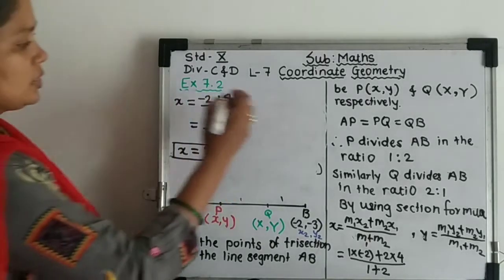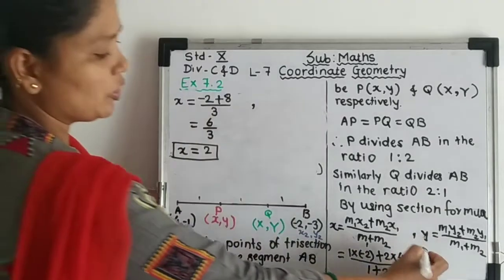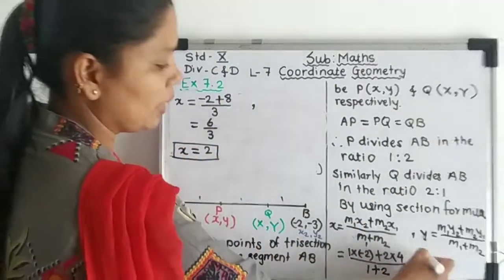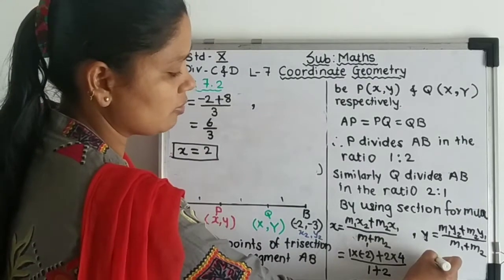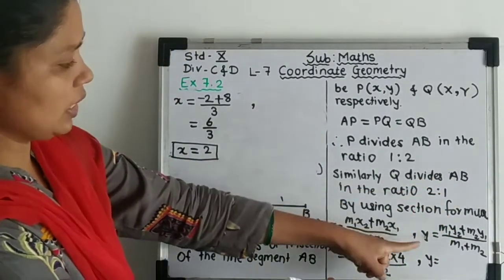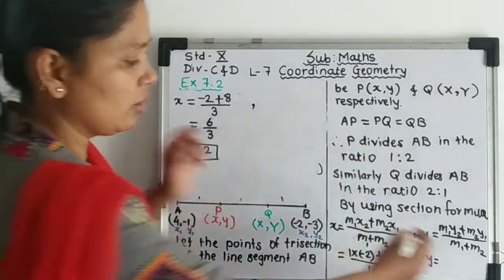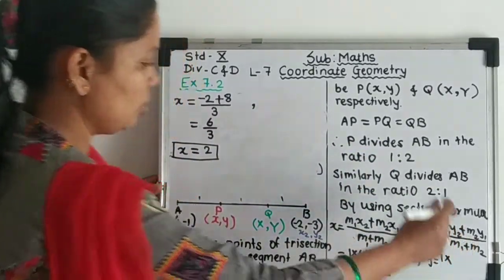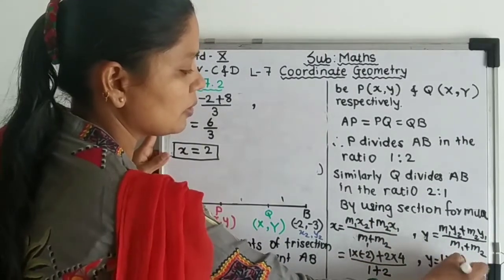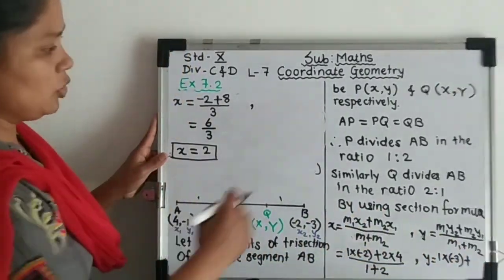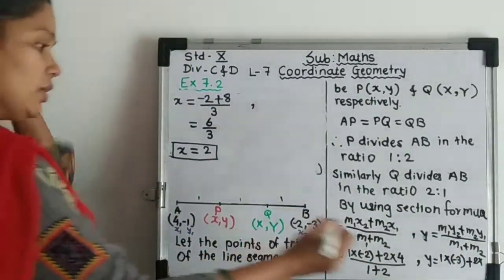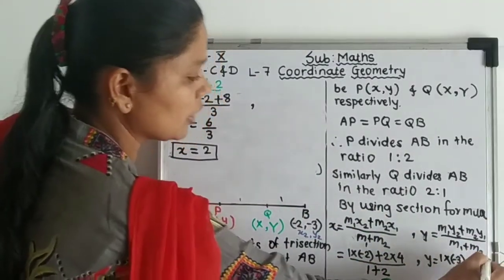Right? Similarly, we will find for y. You can draw a line in between or put a comma. Right? So y is equals to m1. For y, what we will take, that m1 is your 1. So 1 into y2. y2 is -3 plus m2 is 2 multiply by y1 is -1.